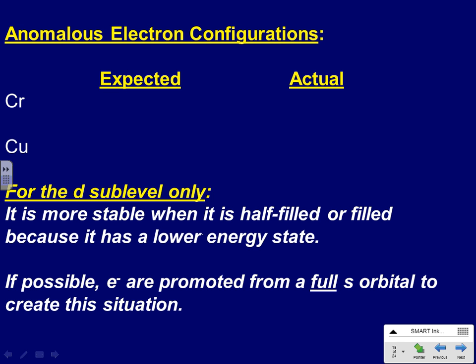So in these spaces here, I'm going to put the electron configuration for chromium, what we expect it to be, and then I'm going to put down what the actual electron configuration for chromium is. There's the explanation for why that is, even though before we've done it, but that's fine. I'll let you just keep writing. We'll go back and make sense out of it.